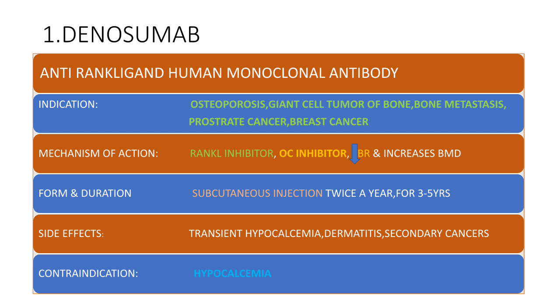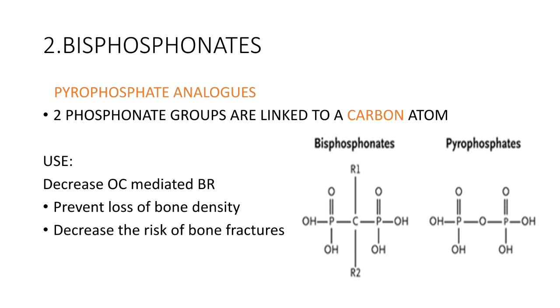As they lower bone resorption, bones become brittle and hence get fractured easily. Hence it causes femoral fractures. Contraindication is hypocalcemia. And it is given for 3 to 5 years.